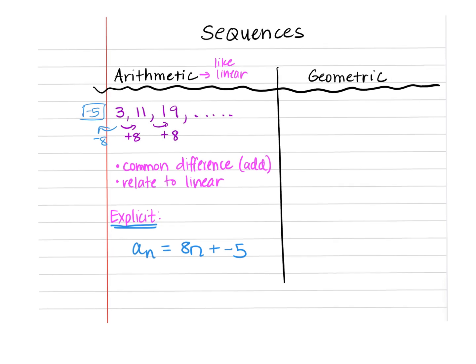Okay, there's another way to write it, and it looks like this. So again, to find any term, you can take the first term, which is 3, and then you can add the common difference, which in this case is 8, times n minus 1. Now, just a reminder, these two things are going to equal each other. They give you the exact same thing.